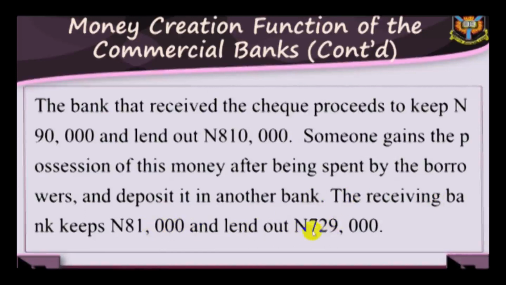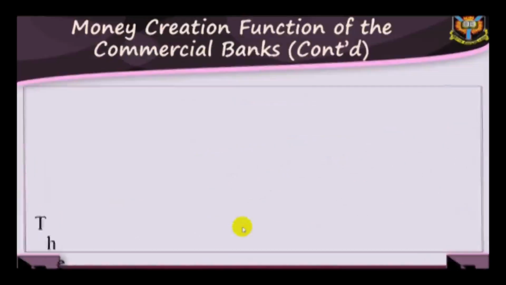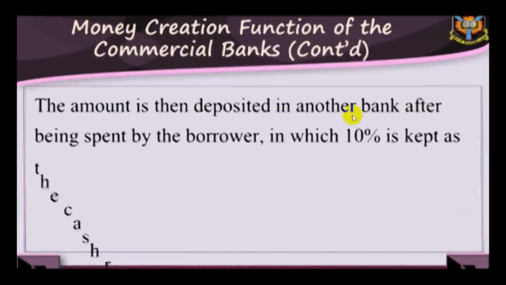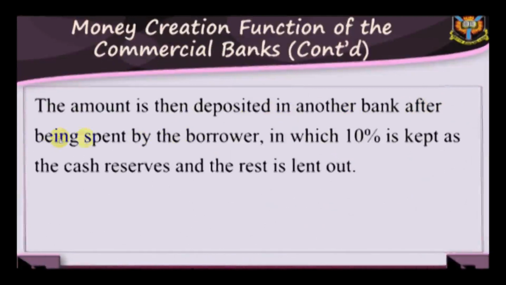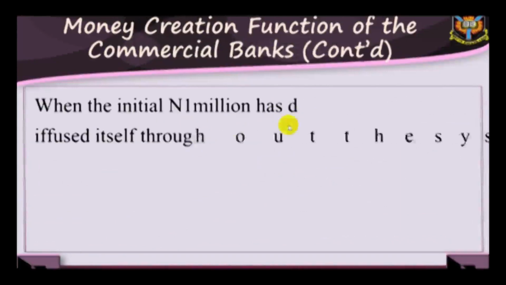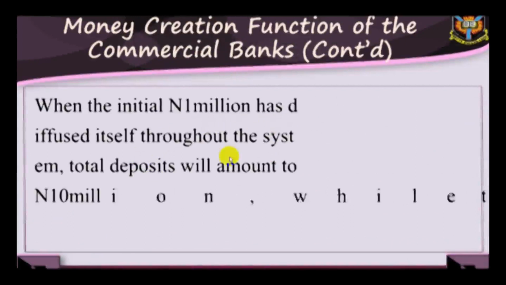The amount is then deposited in another bank after being spent by the borrower, in which 10% is kept as a cash reserve and the rest is lent out. When the initial 1 million naira has diffused itself throughout the system, total deposit will amount to 10 million naira, 10 times the original deposit, while the loans will be 9 million, as reflected in table 3.1.